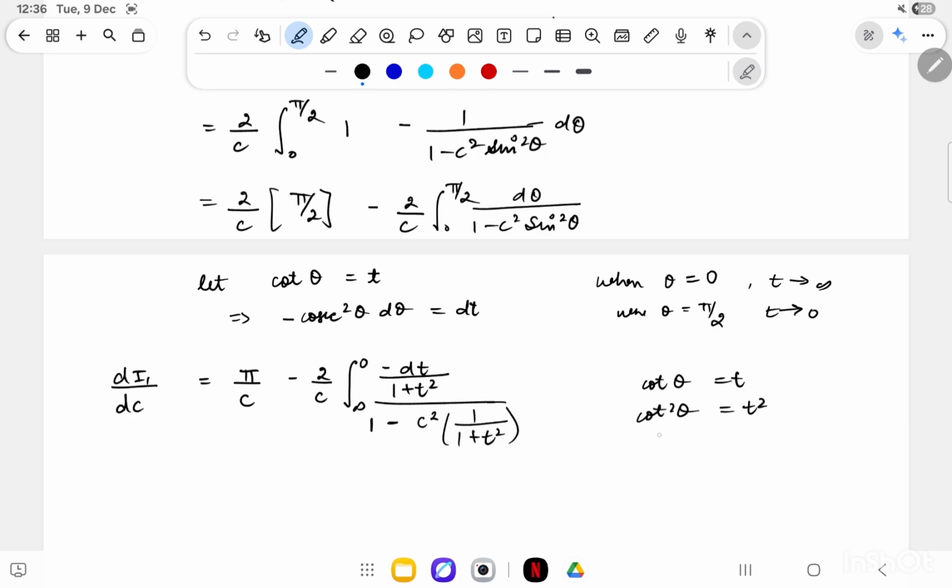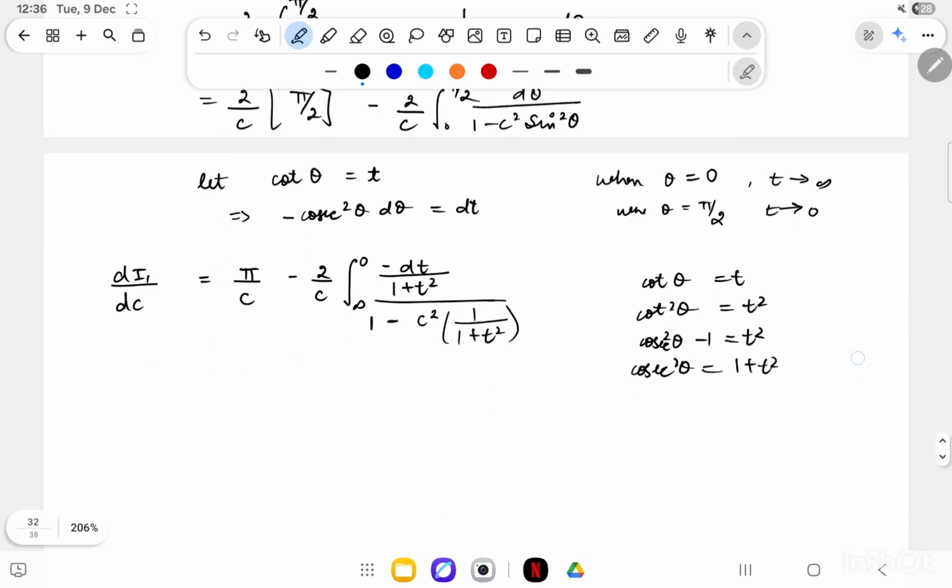We know that cot square θ is basically cosec square θ minus 1 equals t square. So cosec square θ will be equal to 1 plus t square, and we know that cosec θ is basically 1 by sin θ. So sin square θ will be equal to 1 divided by 1 plus t square.